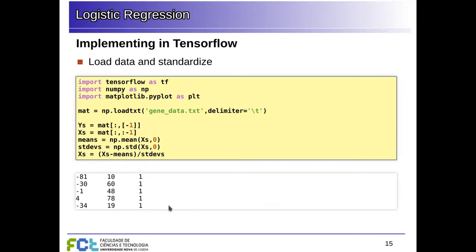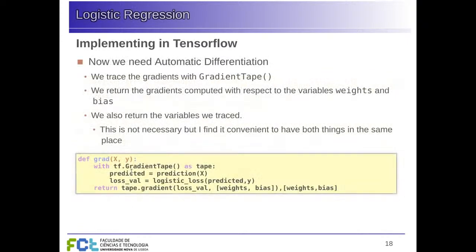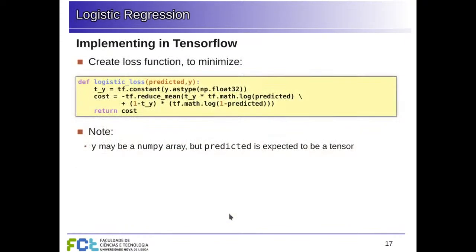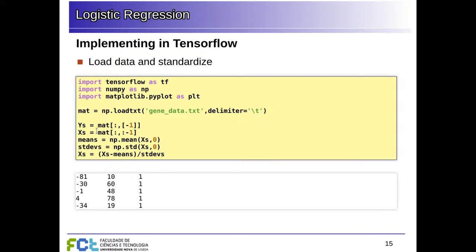So we have this data file. The third column is the classification for our data. So this is the data set that we want to separate with logistic regression, and we're going to read it and standardize the two features. So these are x1 and x2, for example. We're going to separate this from the columns of the labels, and we're going to compute the mean and the standard deviation and standardize this.